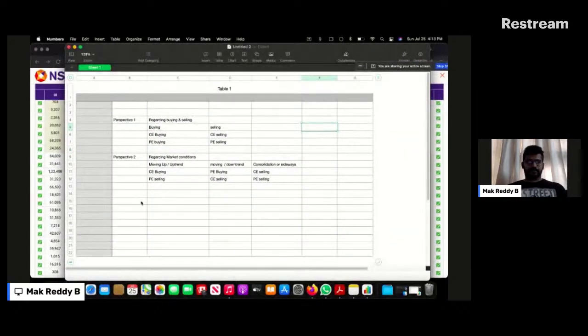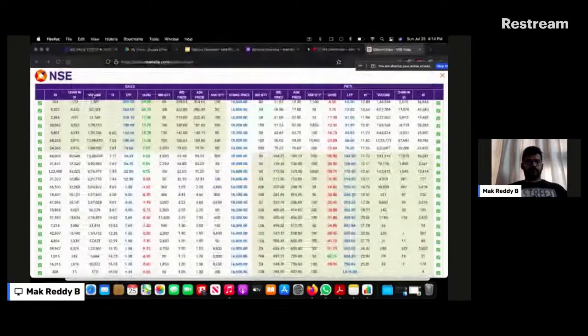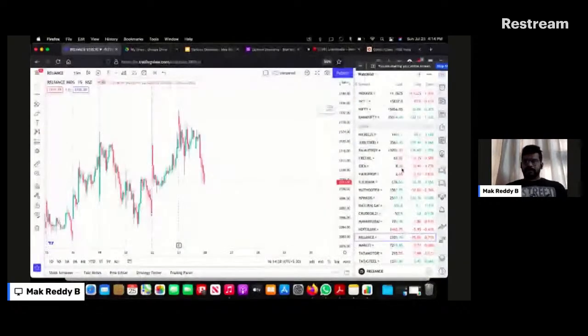Let's come to definitions. Spot price. Spot price is nothing but the price which is being traded. All these are spot prices. Spot price for Nickel is 1461 rupees. Nickel is a commodity, and for Jubilant FoodWorks, the spot is this.